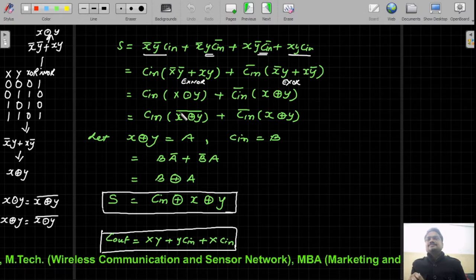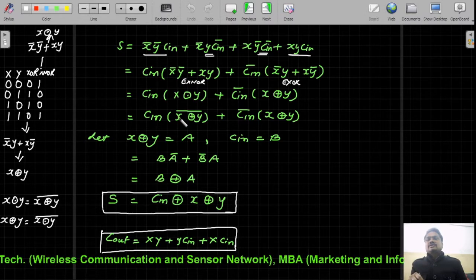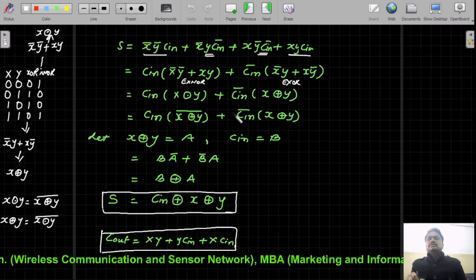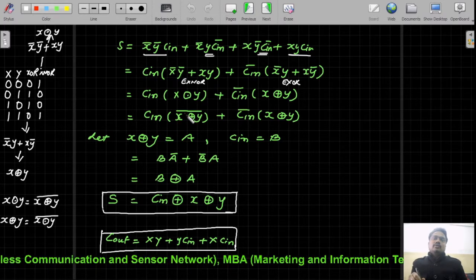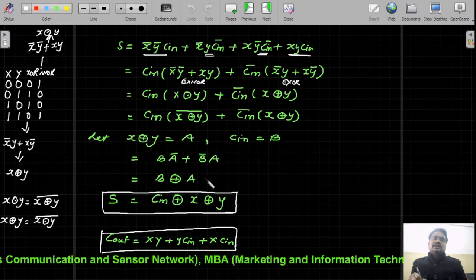So we write this XNOR in terms of XOR to get a more compact form.